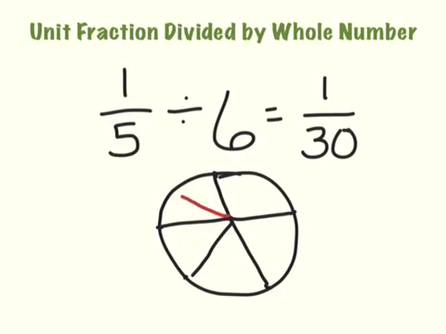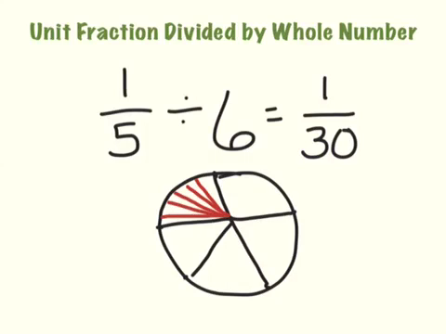So I need to represent that by splitting it in 6 ways. So, do that very carefully here. And there's 6 different ways of sharing that 1/5. But the question was, what fraction of the entire bag did each person receive?